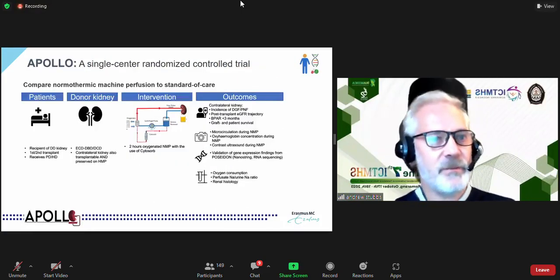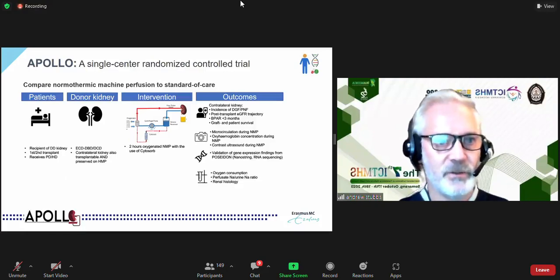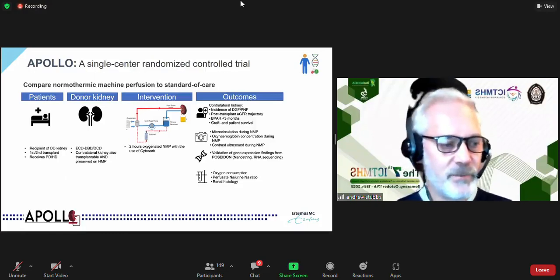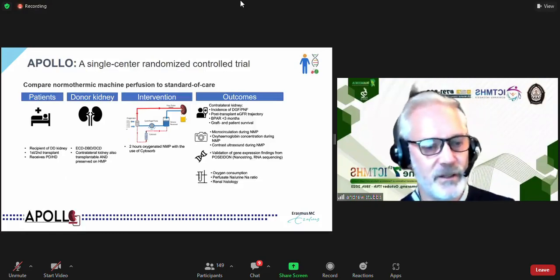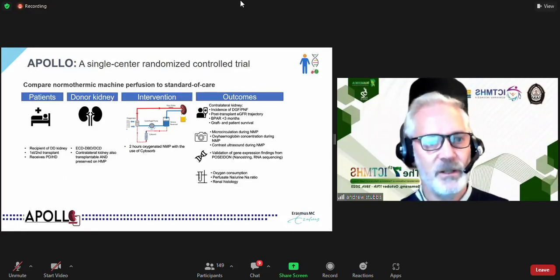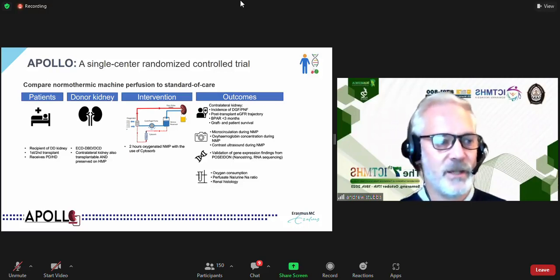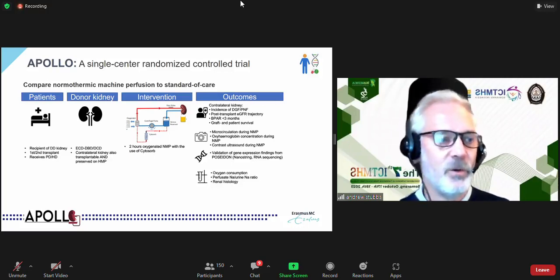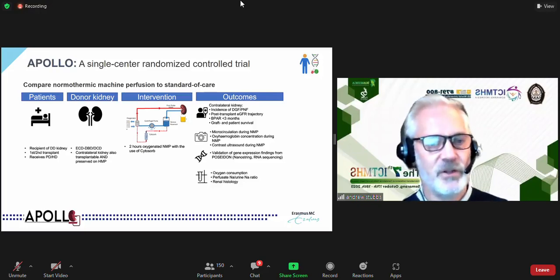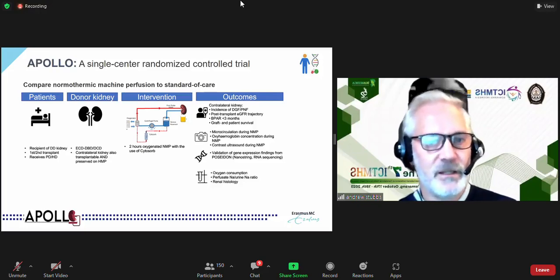I would like to share with you something on a study we're doing. It's called Apollo. We're looking at transplant research as well, and I'll come back to the cancer ones in a moment. But here we're looking at whether we can regenerate the kidney. So kidneys get transplanted, they are in cold thermic storage, and then they are transplanted.